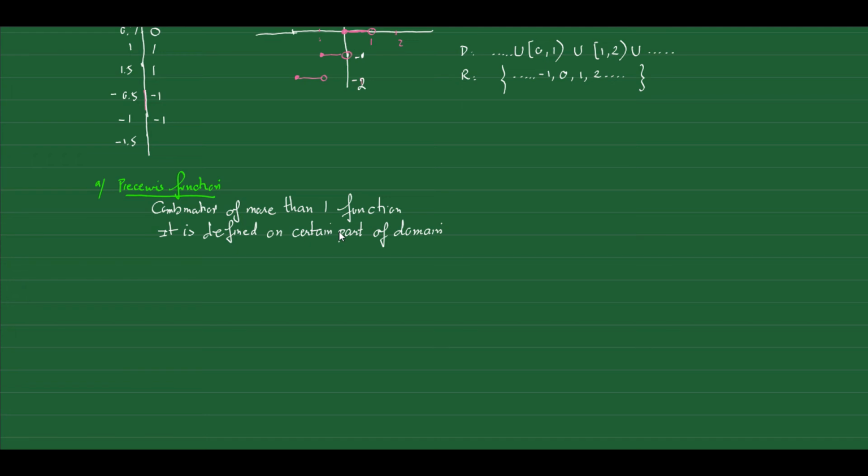Sometimes the domain is everywhere, sometimes it's not, and it's not continuous on negative infinity to positive infinity.